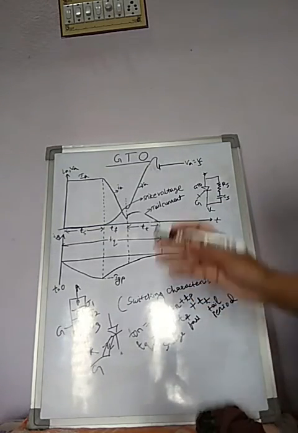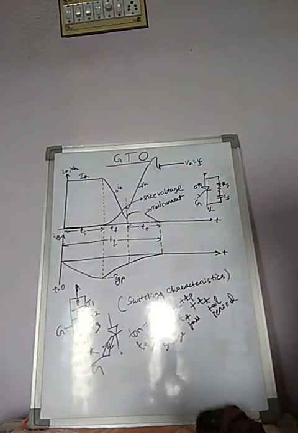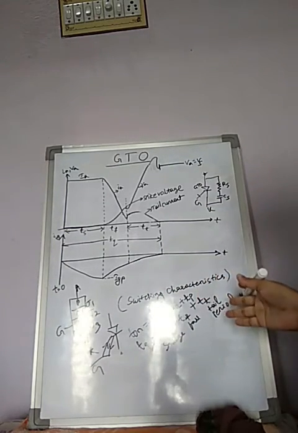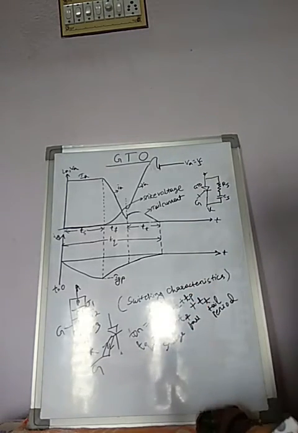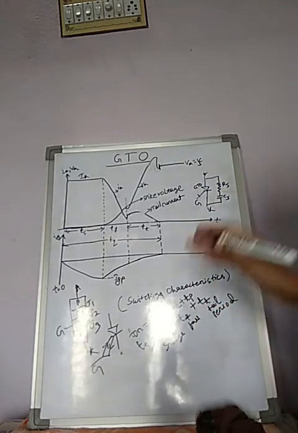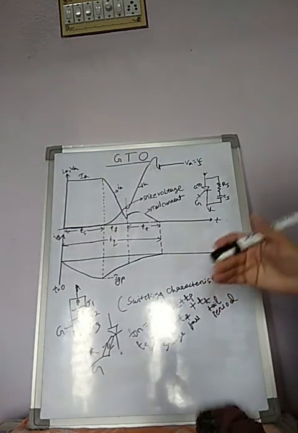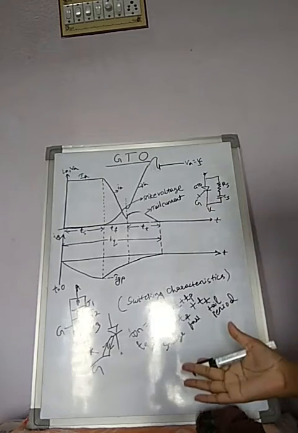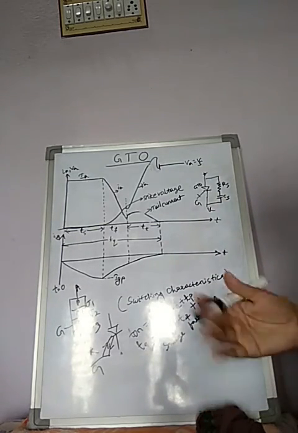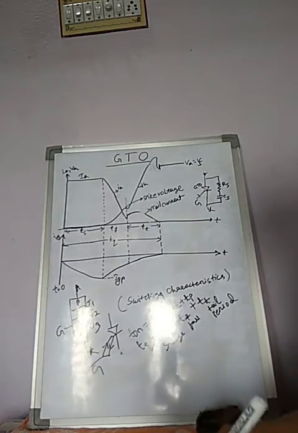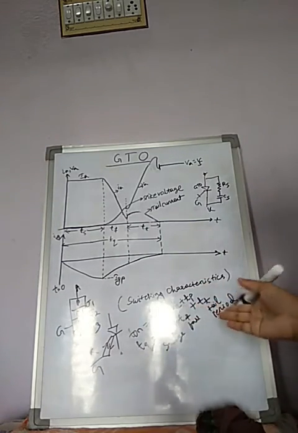Then it has a higher di/dt rating at the turn-on process. The GTO circuit configuration has lower size and weight as compared to an SCR circuit unit, and the GTO unit has higher efficiency because the increase in gate drive power loss and on-state loss is more than compensated by the elimination of force commutation losses.